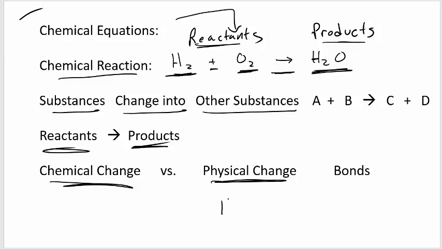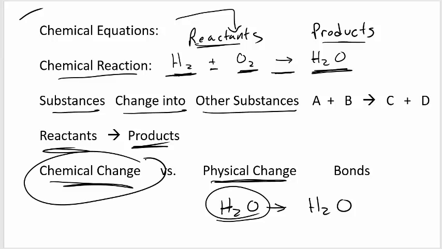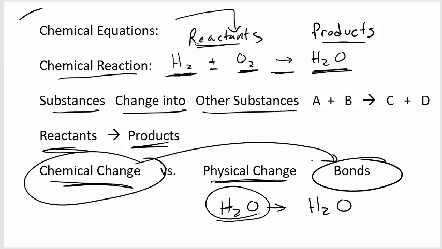So for example, if you have ice water and you change it into liquid water. Physical changes don't change the chemical makeup of the substance. If you have a chemical change, what that means is you are going to break some bonds and make some new bonds, forming a new substance.